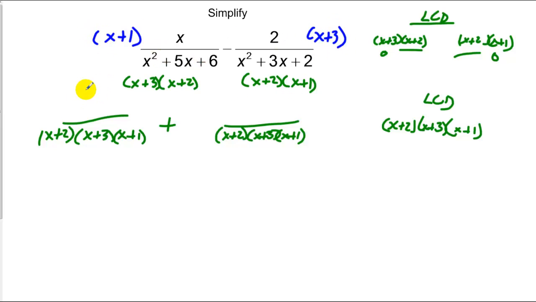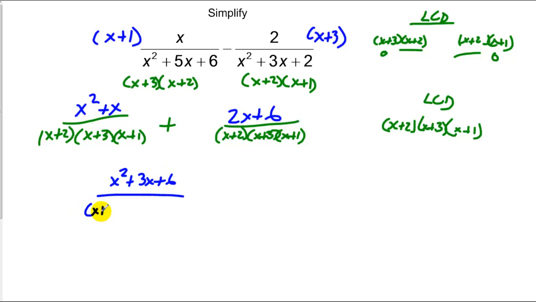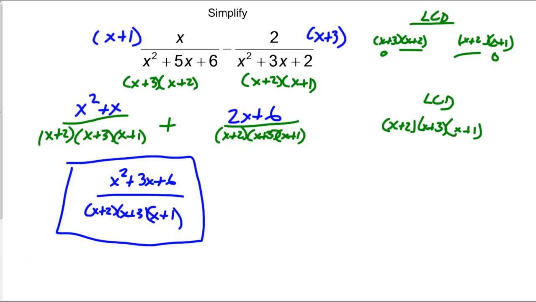These will need to be multiplied by the numerator term, so this gets me x squared plus x. Second term gets me 2x plus 6. Add like terms, x squared plus 3x plus 6 over x plus 2 times x plus 3 times x plus 1. You'll notice this doesn't factor, so that will be my solution because there will be no common factors left.